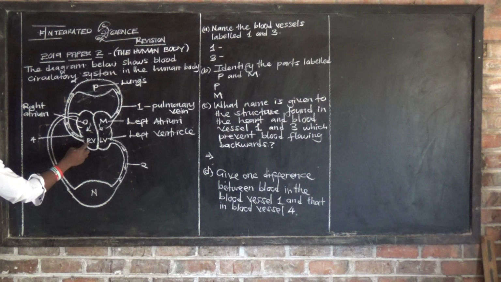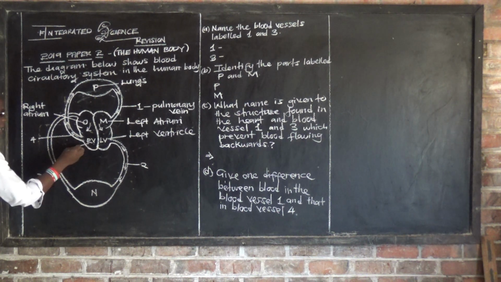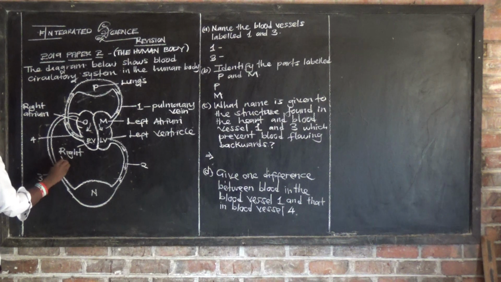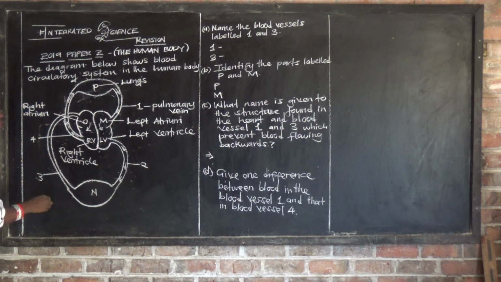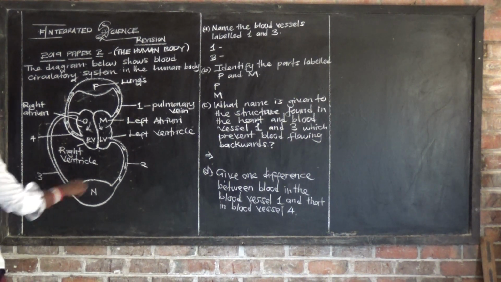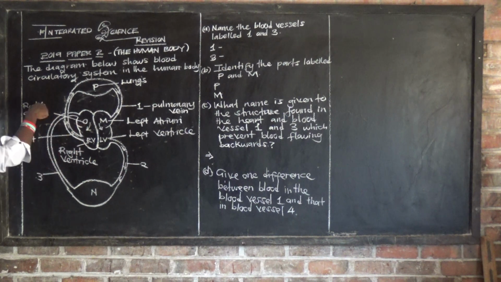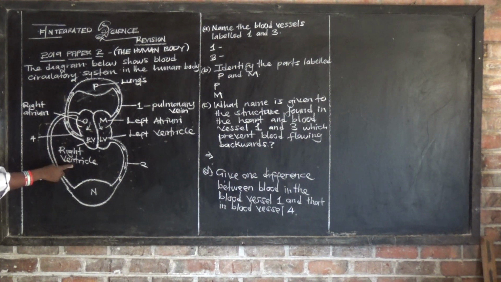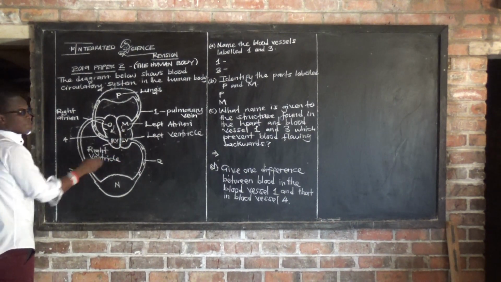Then our RV: R stands for right, V stands for ventricle, so RV is the right ventricle. So these are the 4 chambers of the heart: the left atrium, left ventricle, right atrium, and right ventricle, separated by this septum.